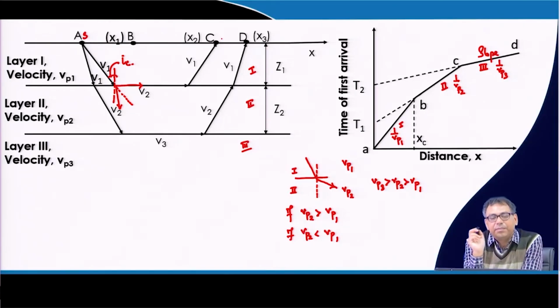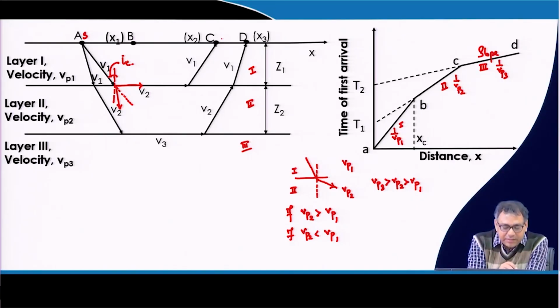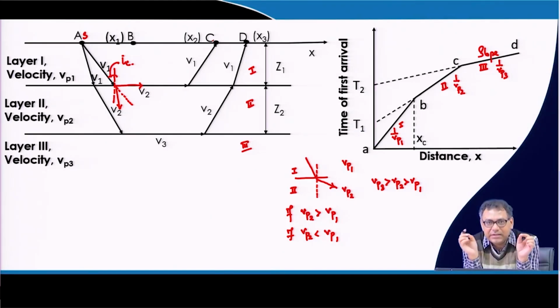Now, which ray will reach first? Initially, if the distance between A and C is very small, then definitely the direct ray will reach first, because the travel distance is very small. But as the distance between A and C increases, the refracted rays will reach first.